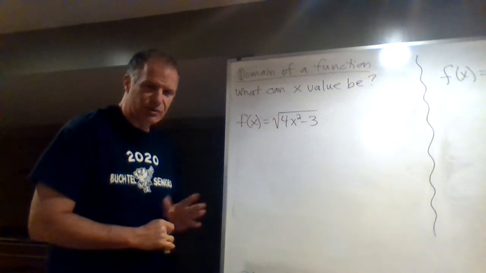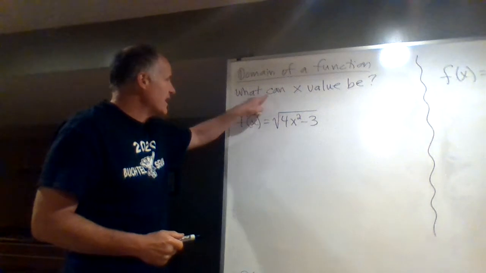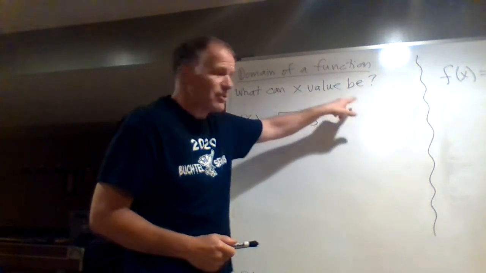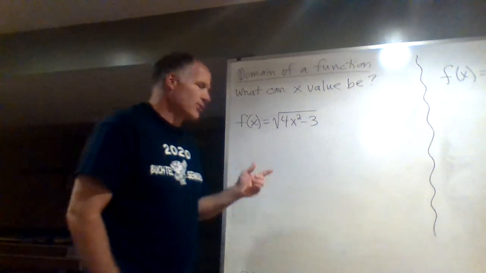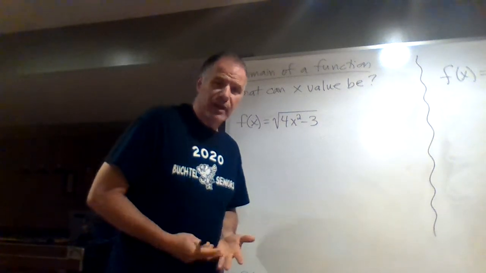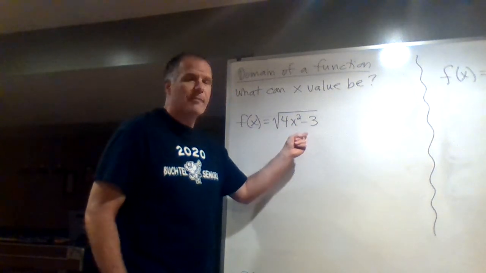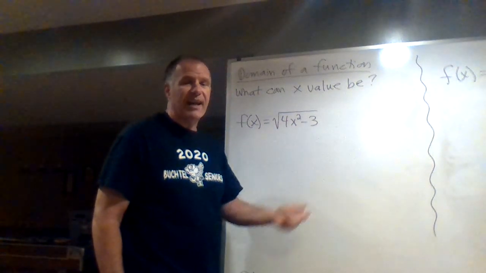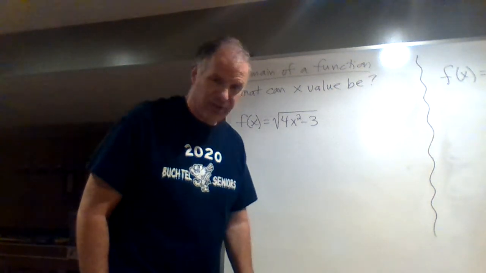Okay, I know this stuff's a little strange. But again, remember the domain of a function means what can the x value be? Like, what are you allowed to plug in for x? Now, remember, if you have a fraction, the bottom of the fraction is not allowed to be 0. But we don't have a fraction, but we have a square root. And remember, the square root is not allowed to be negative, because that's when we had to do that imaginary number stuff.